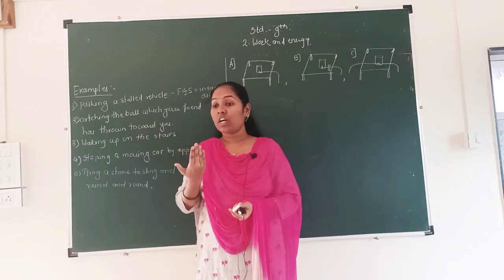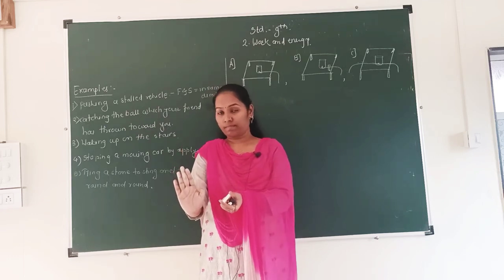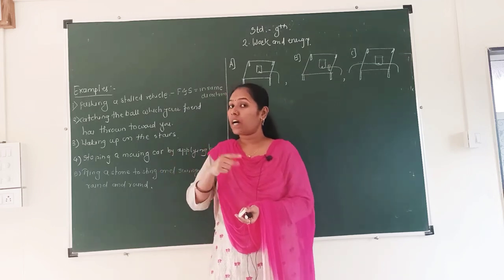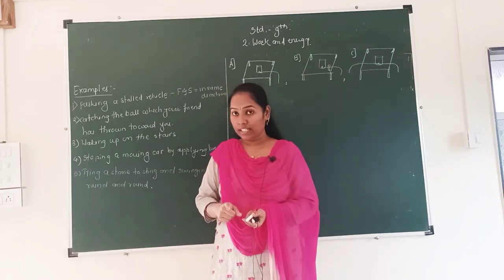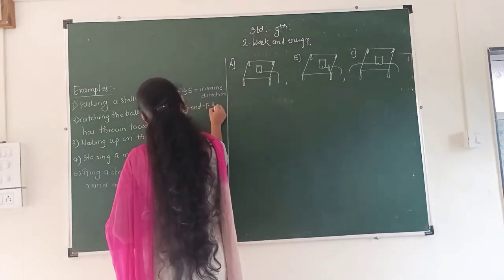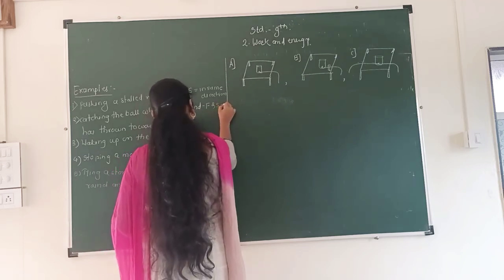In that direction. What do you do? You stop that ball, which means the force and displacement are in the opposite direction. Are you getting this? Understood? So in example number 2, force and displacement are in the opposite direction.